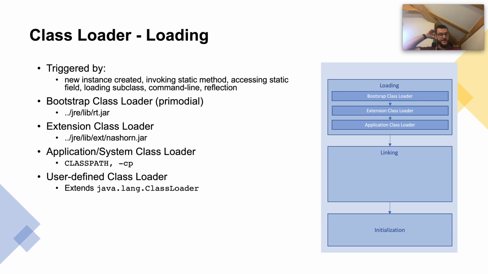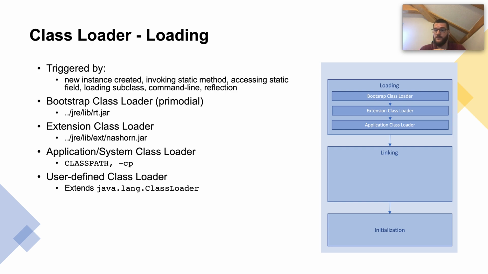In addition to these, there are also user-defined class loaders. These are the loaders that we implement ourselves. You can just inherit the java.lang.ClassLoader class, and you basically have a class loader. They are rarely used, and generally they are useful in cases where we have some specific location of our classes.